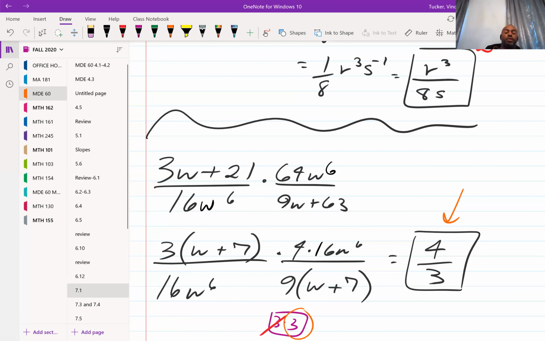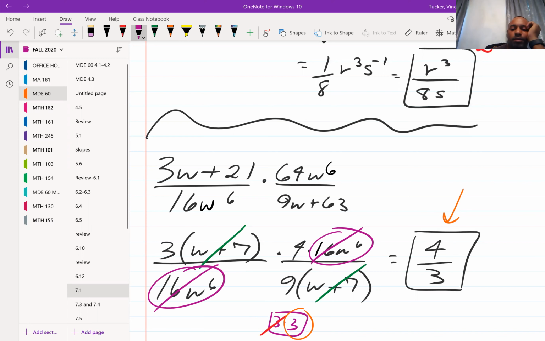But the more times you do this, the more factorization you get into, the more you'll see things ahead of time, and you'll be able to take shortcuts like that. And then in the second denominator, we factored out 9, and that leaves us with w plus 7. So now we cancel out what we see in common. So w plus 7, that whole term of 16w to the 6.